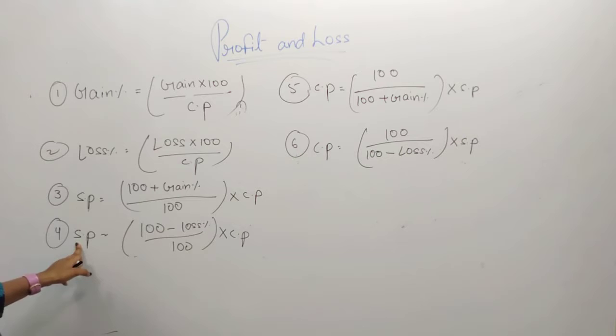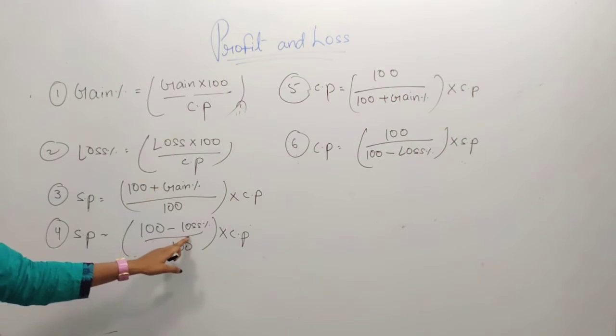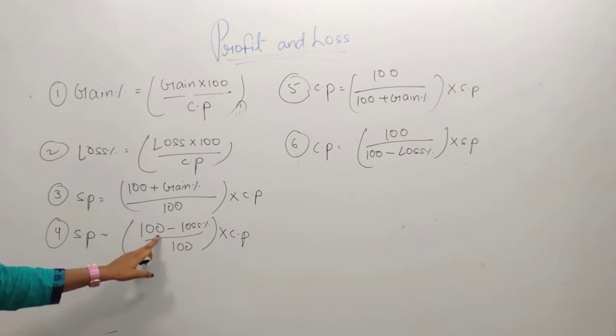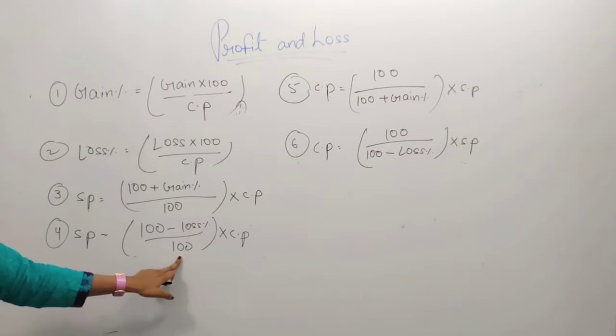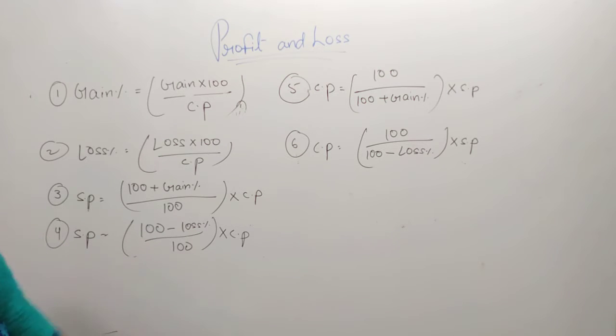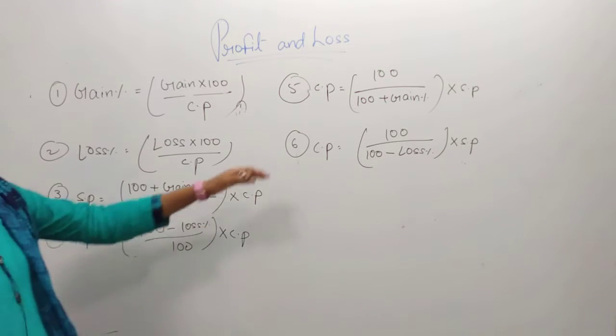If in the question selling price is to be found and loss percent is given, what you will do is 100 minus loss percent by 100 into cost price.